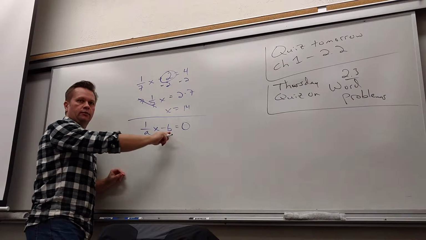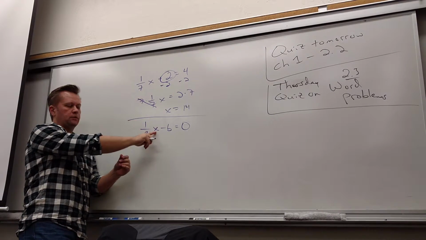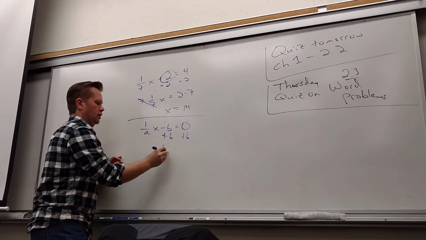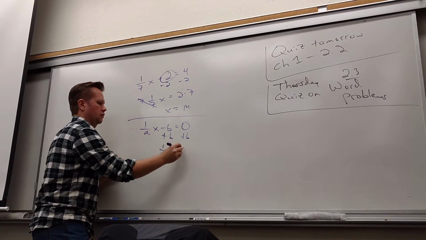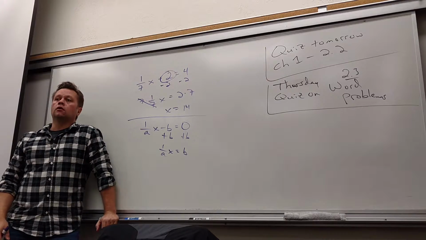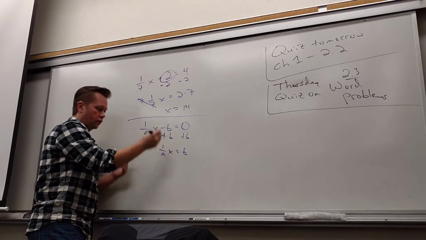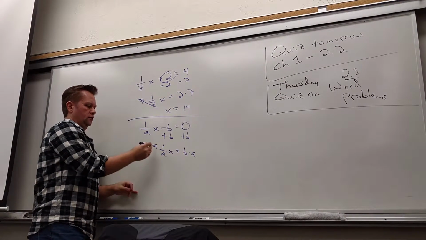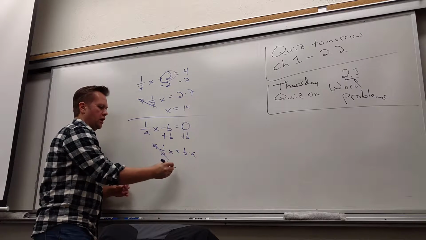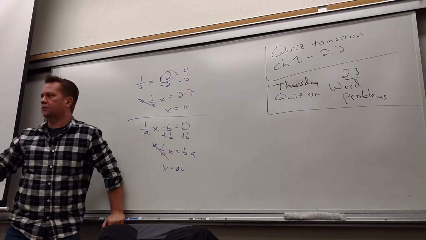I get rid of whatever that number is. I get my X piece by itself first. So add B. And then what would I do? Multiply by A, exactly. Multiply by A over 1 if you want. So you get X equals BA or AB, it doesn't matter.